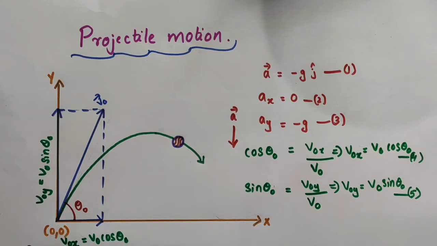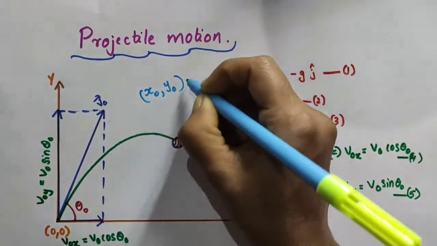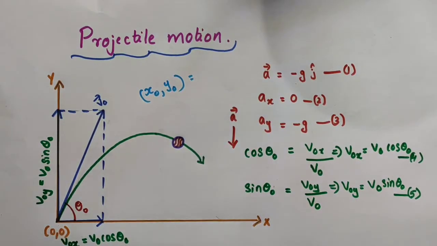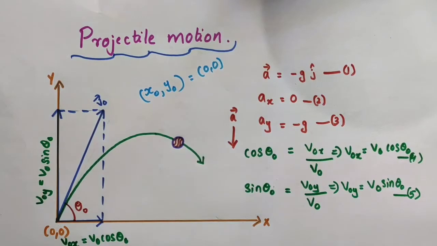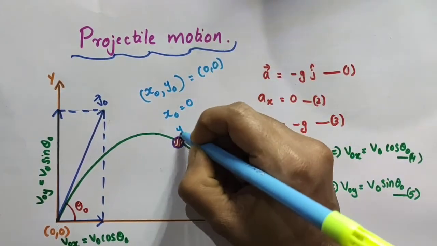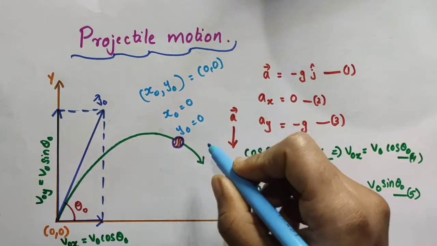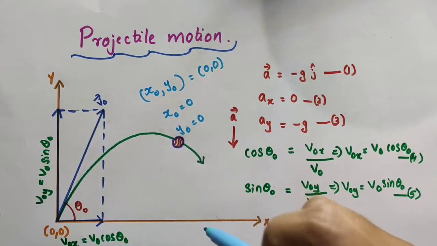Its position coordinates can be written as x0, y0, which will be equal to 0, 0. So x0 is equal to 0, and y0 is equal to 0, because initially it is at the origin of this frame of reference.